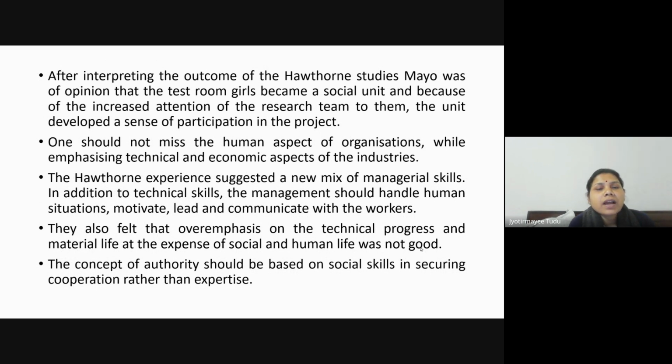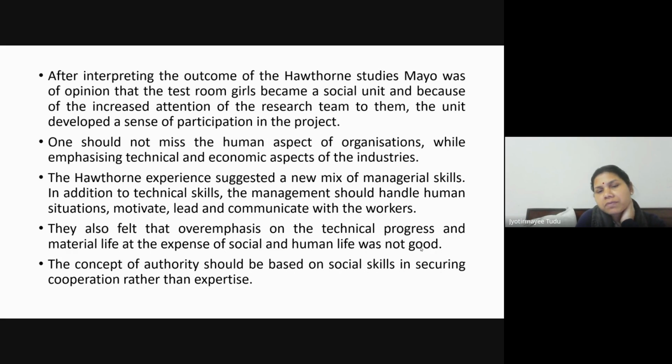Mayo was of the opinion that the test room girls became a social unit. Because of the increased attention of the research team to them, the unit developed a sense of participation in the project. So whenever a group would like to perform, if every member shows interest to participate, automatically the organization will deliver better than with just the financial incentives.